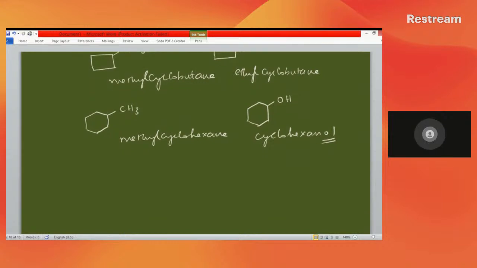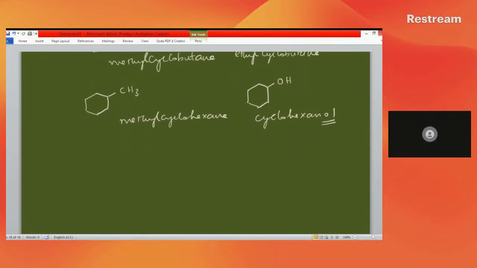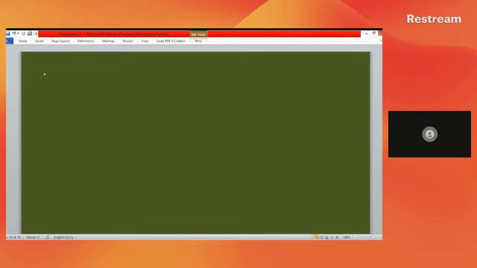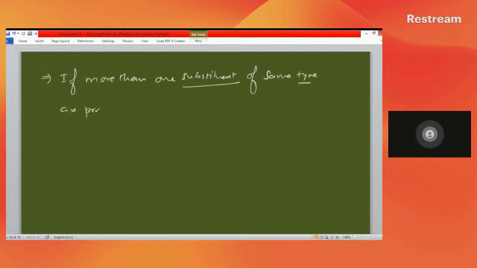Suppose more than one substituent of the same type is present, the naming can be done as follows.